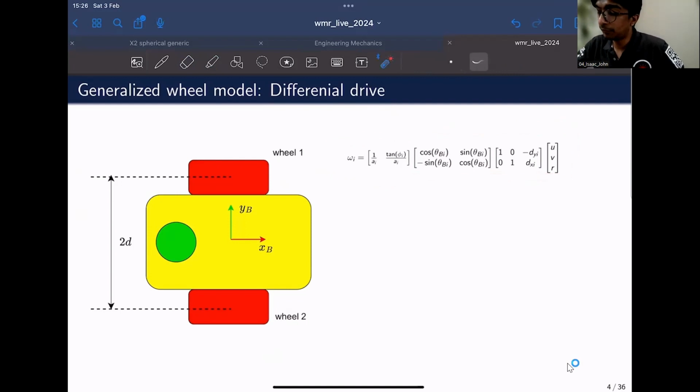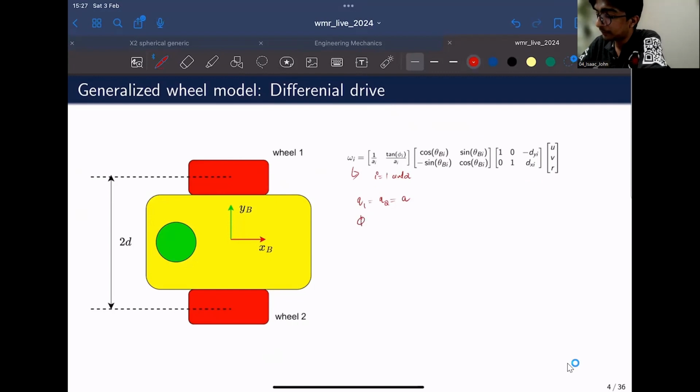So here this i term denotes the wheel. Since we have only two wheels, we have i equal to 1 and 2. What are these parameters for the differential drive? In this case, a is nothing but the radius of the wheels. a1 and a2 are the same because we have the same diameters.